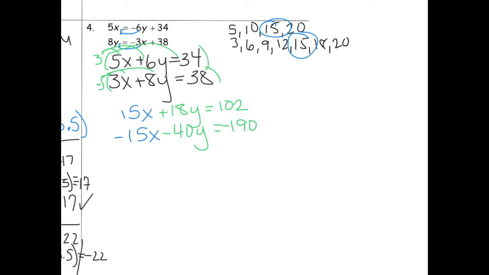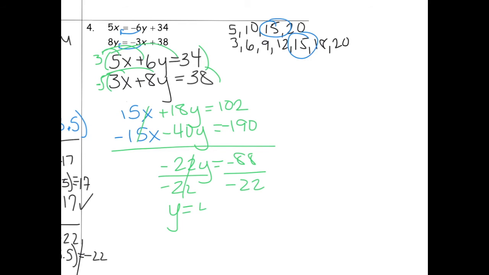Now the x's will cancel. 18 minus 40, that's going to be negative 22y. 102 take away 190, that is negative 88. Make sure that you have the correct signs. Divide both sides by negative 22, and y is equal to positive 4.